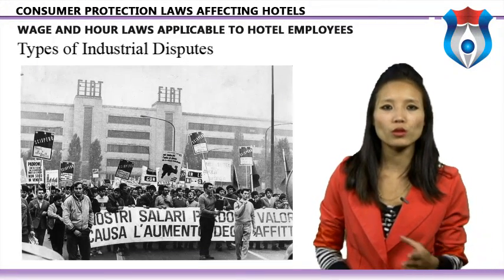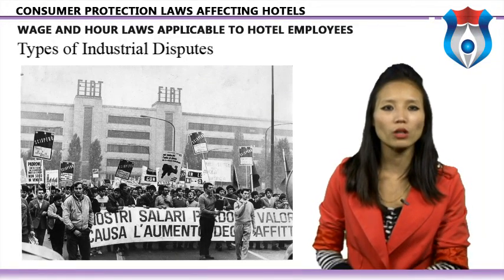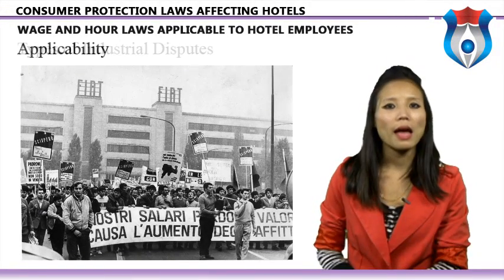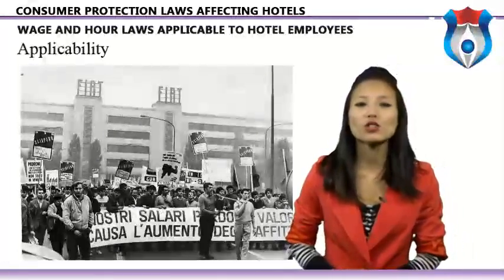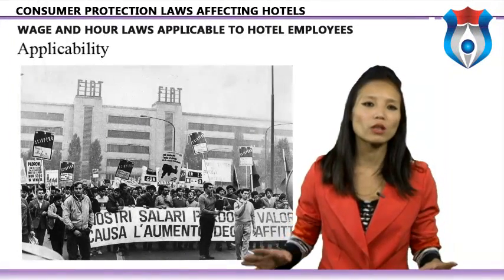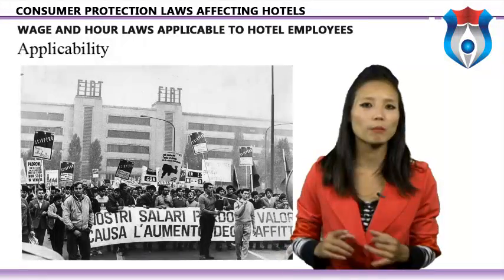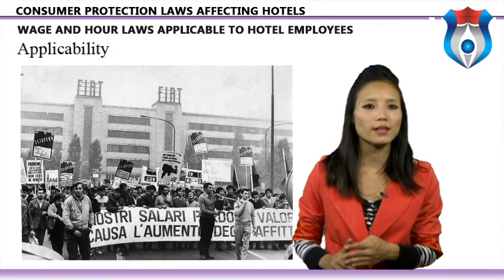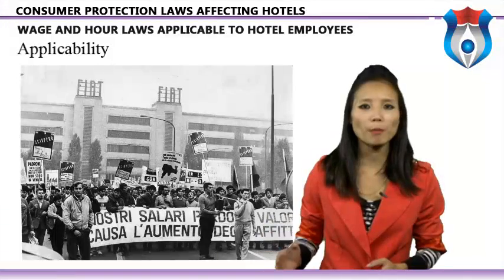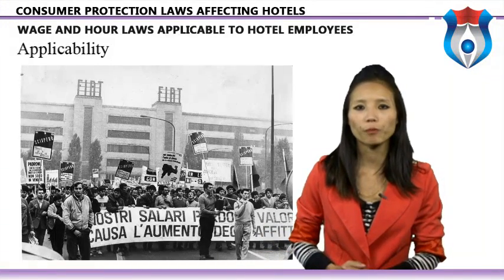Interest dispute relate to determination of new wage level and other condition of employment. Applicability. The Industrial Disputes Act extends to whole of India and applies to every industrial establishment carrying on any business, trade, manufacture or distribution of goods and services, irrespective of the number of workmen employed therein.